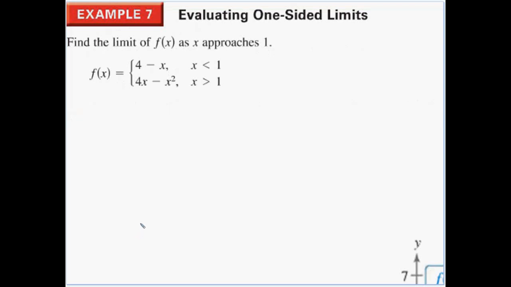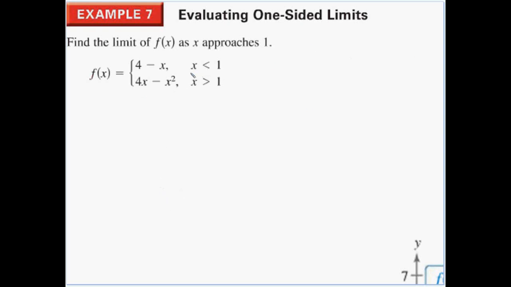Now, in example 7, they talk about these one-sided limits in the context of a piecewise function. So it says, find the limit as x approaches 1. Our function, if x is less than 1, we're going to plug that x value in the top piece of the function. If our x value is greater than 1, we plug that x value in the bottom piece of the function. Notice there is no 'or equal to' here.